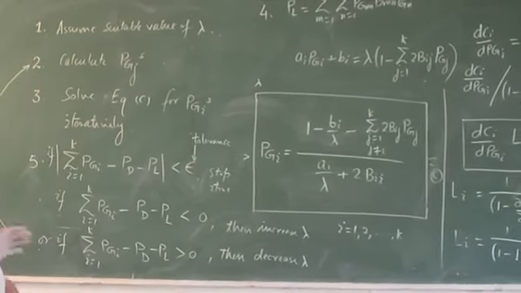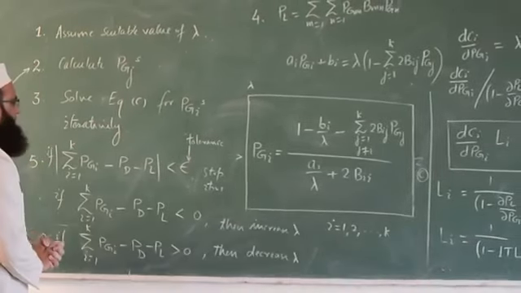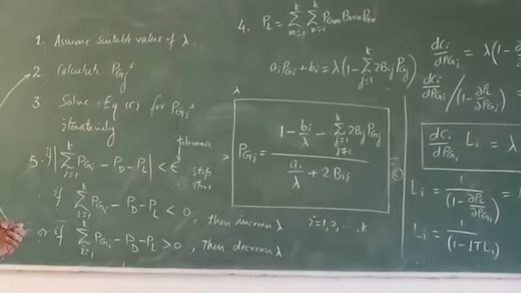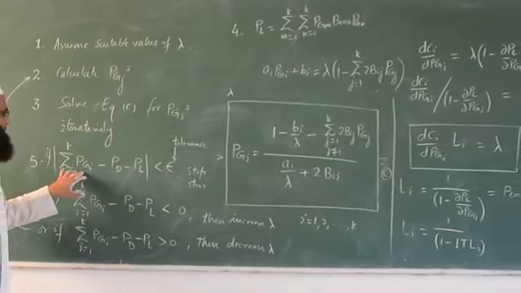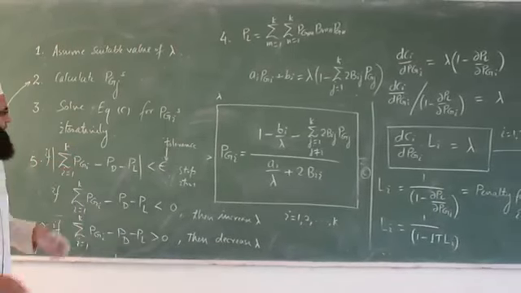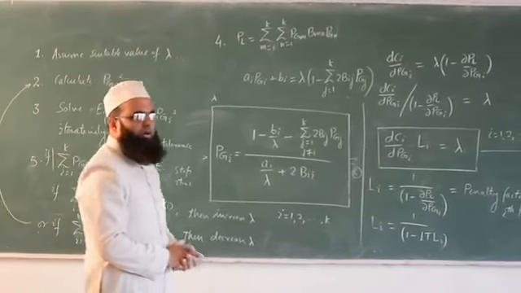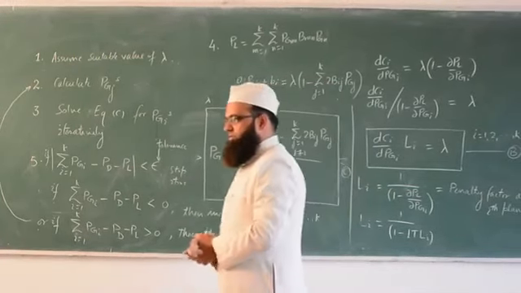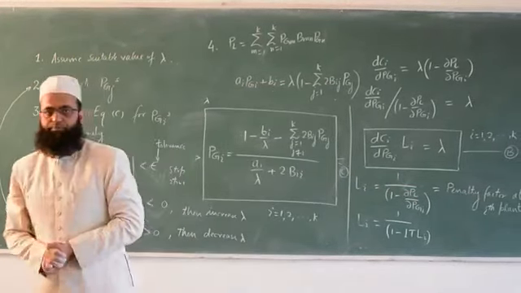So once the iterations are stopped, meaning this condition is satisfied, this will be our solution. PG1, PG2, PG3 corresponding to this condition will be our solution, meaning the optimal loading at various plants. This way we can solve the economic dispatch problem. Thank you very much.